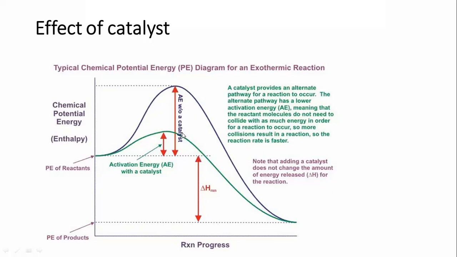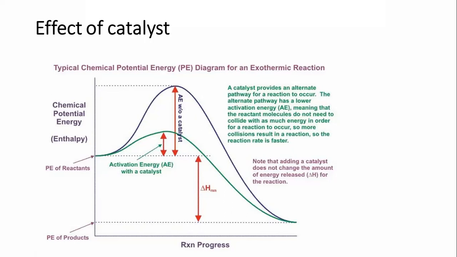And with catalyst, this graph is reduced to this level. The activation energy is reduced. However, again, the difference in the energy between the reactant and the product is the same. So there is no change in enthalpy with or without catalyst. So this is the point which I want to explain over here.